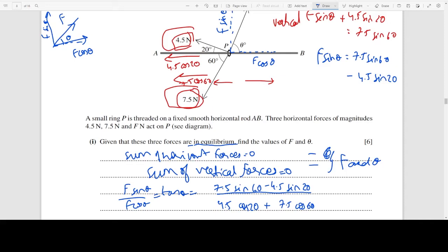If you solve this for tan theta, you will get tan theta is equal to 0.621.